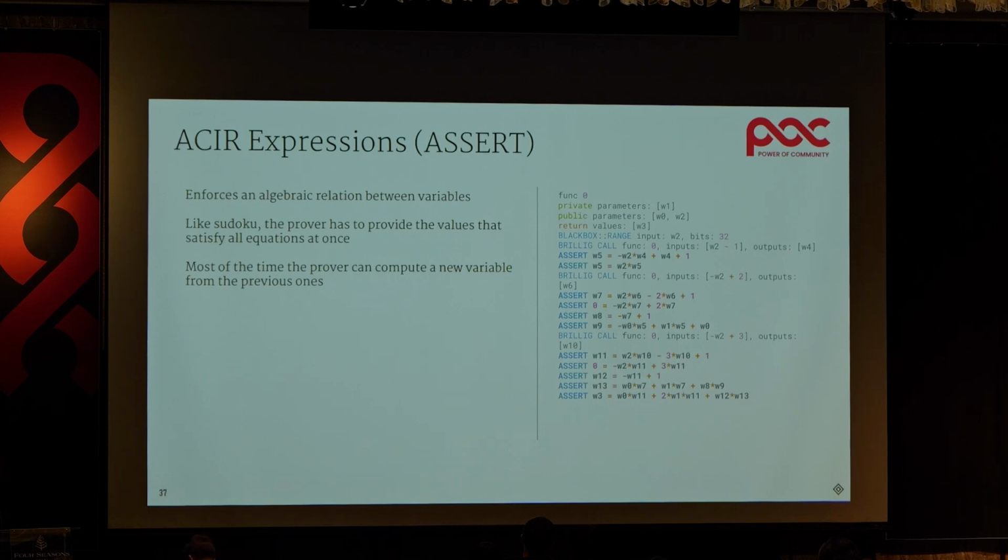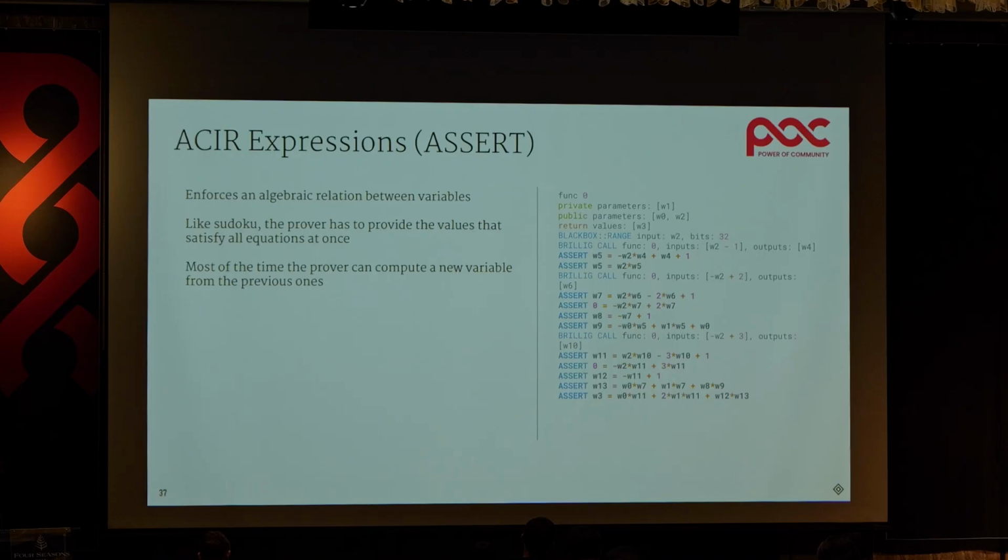Like Sudoku before, you can think about them as defining the rules, but without actually enforcing a particular transition between the variables. So unlike execution on the CPU, where you have a previous state and then a next state, and the previous state completely defines the next, what you have here is the state of the whole circuit, and any list of variable values that satisfies these equations can actually be proven.